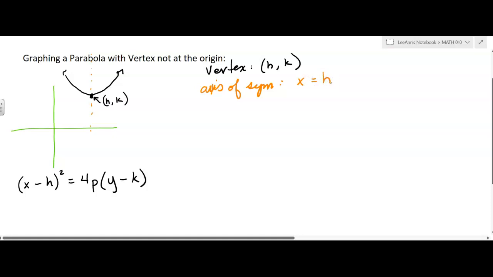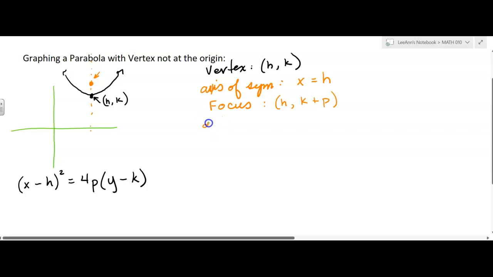And then the focus is going to be right here. So that's going to be a point. It's going to be h, comma, k plus p. So that's going to be the focus. Let's see, make sure I don't forget anything here.